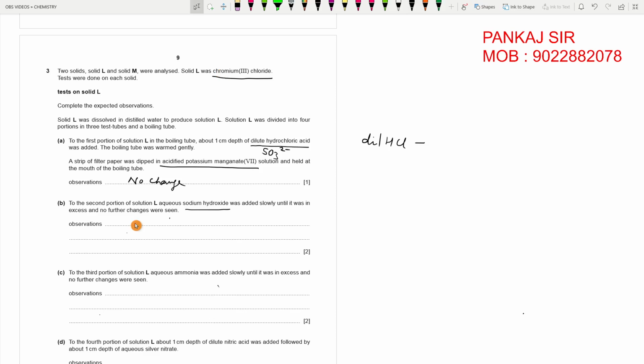So now when you add sodium hydroxide to chromium chloride, a green precipitate will be formed, and when excess of NaOH is added, this green precipitate gets dissolved.